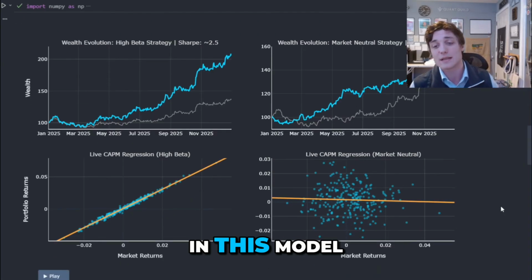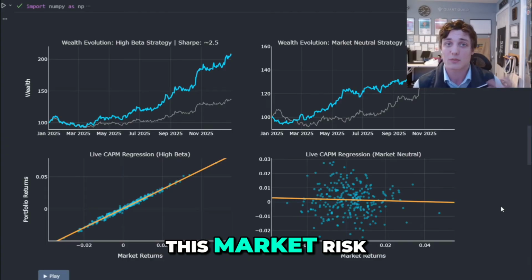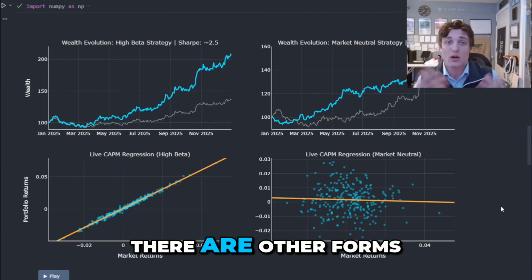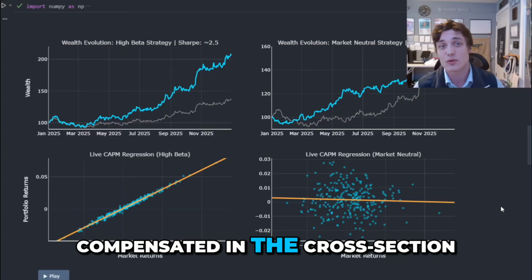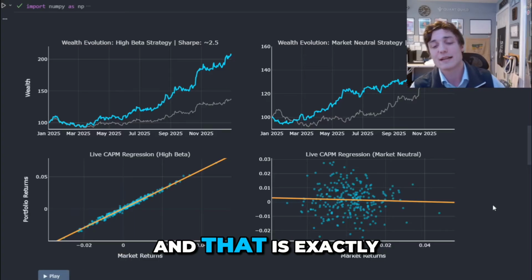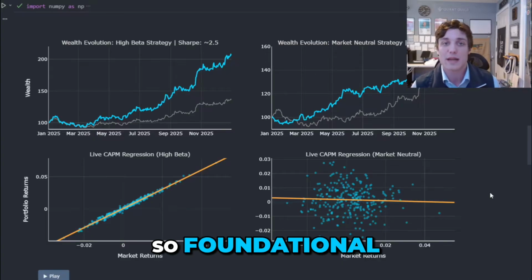Now, in this model, we're only looking at one priced risk factor, this market risk. In reality, there are other forms of risk that are compensated in the cross section. And that is exactly what makes this work so important, so foundational.